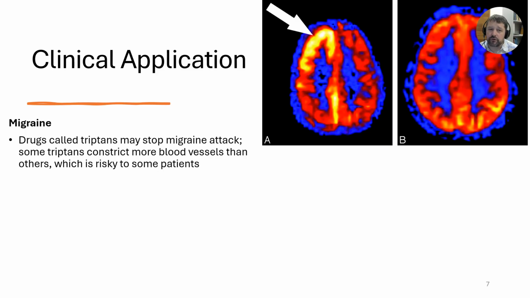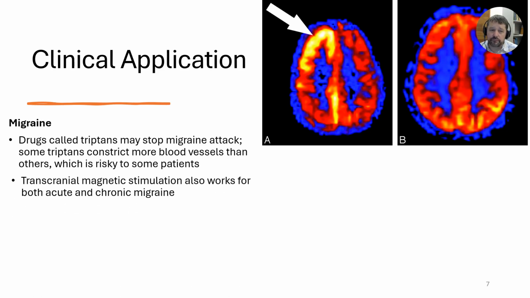You don't want to constrict blood vessels in individuals that might already have constriction to their blood vessels, or maybe they already have high blood pressure. You don't want to constrict blood vessels any more than what they might already be. Maybe they have poor circulation. So there's lots of reasons why drugs may not be the answer for individuals.